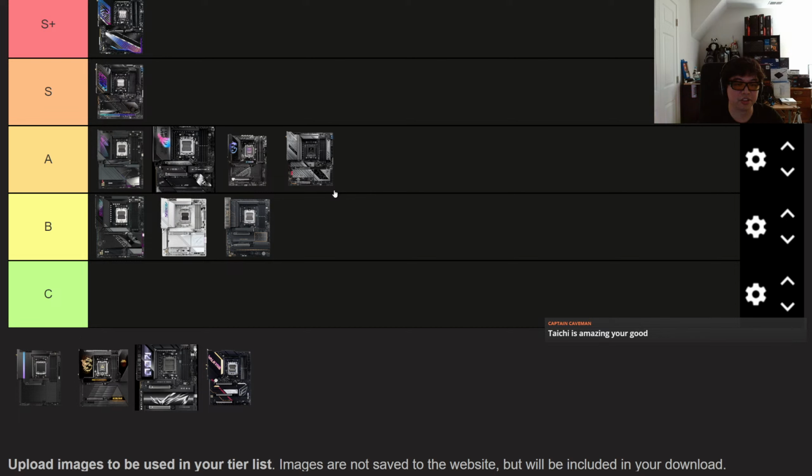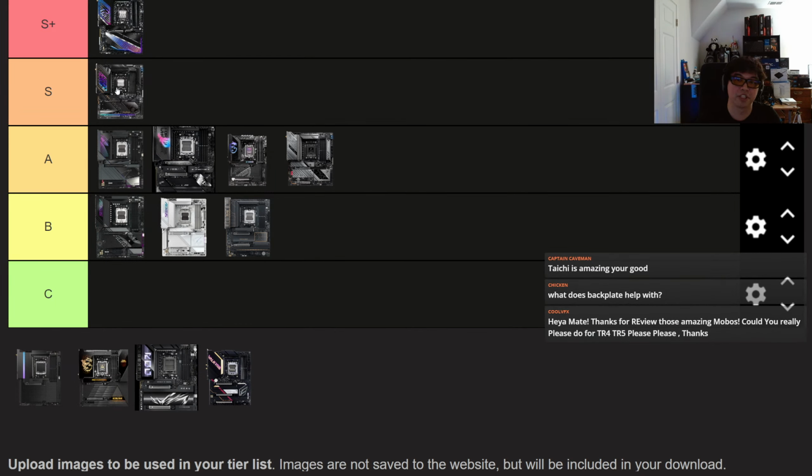Taichi is amazing. Taichi is also very good. Taichi has the most VRM power stages. It has the thickest heatsink, although Gigabyte has a very good heatsink for their VRM. But the Taichi has a 24 plus 2 plus 1 phase VRM. It has the biggest VRM.